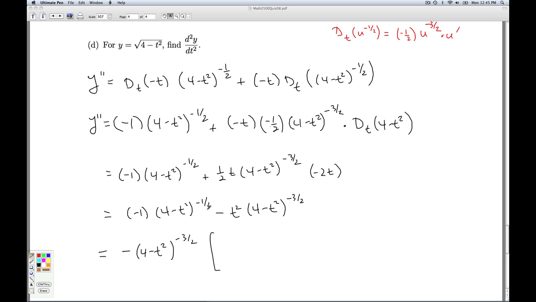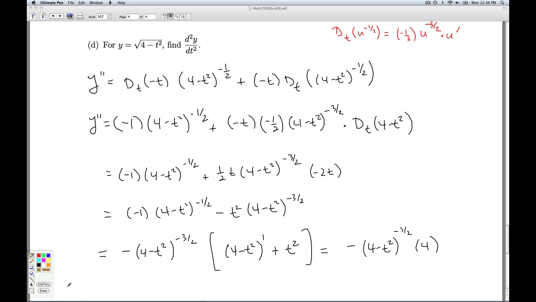So the long and short of it is you're going to be adding 3/2 to this, which is going to give you just the first power. I factored the negative out, and I factored that out, so that's all that's left there. And I simplify. I've got a negative (4 minus t squared) to the negative 3/2. What's going on inside there? I just am left with a 4. And so we're very close to our grand final answer.